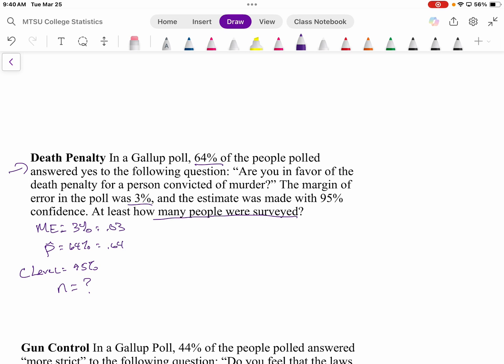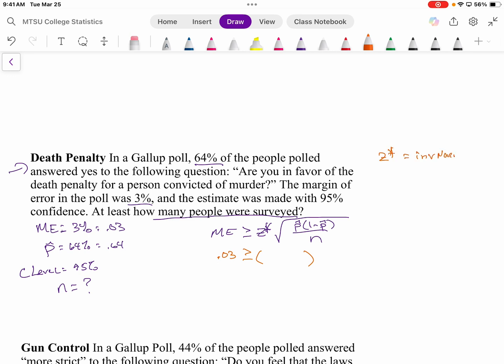So as we look at our formula, our margin of error is supposed to be greater than or equal to the Z star times the square root of the p-hat times 1 minus p-hat divided by n. Now, as we start filling in values, we know margin of error is 0.03. I need to come up with a Z star here in a minute using inverse norm.